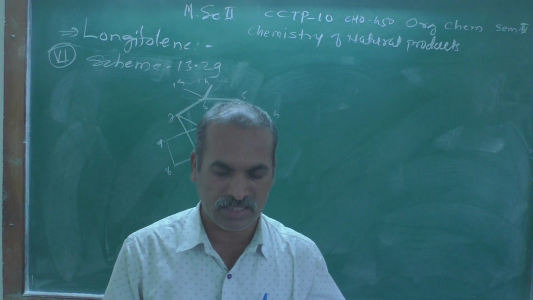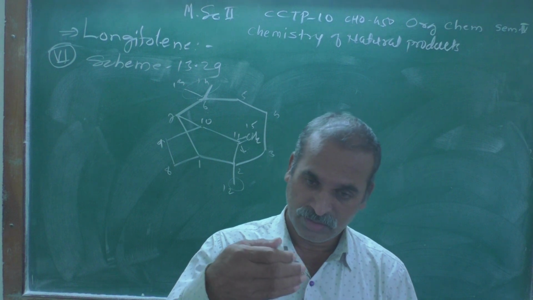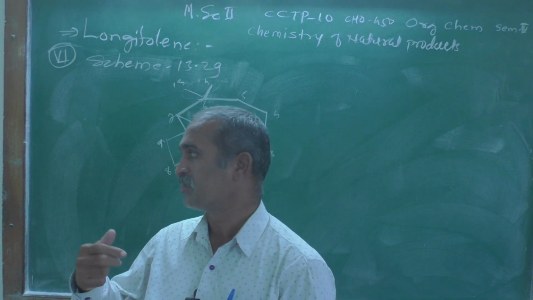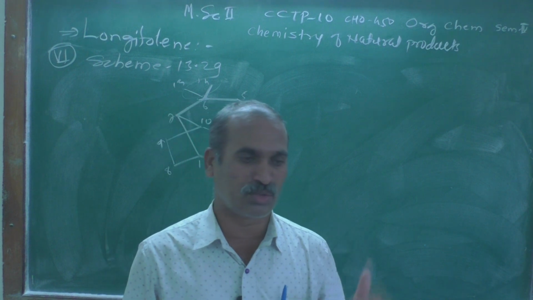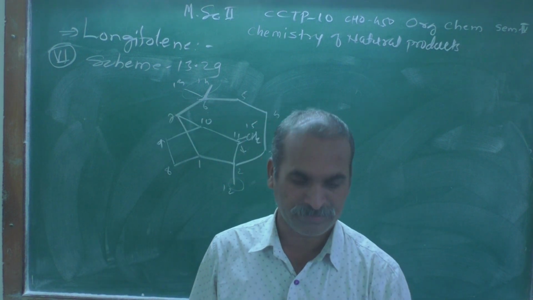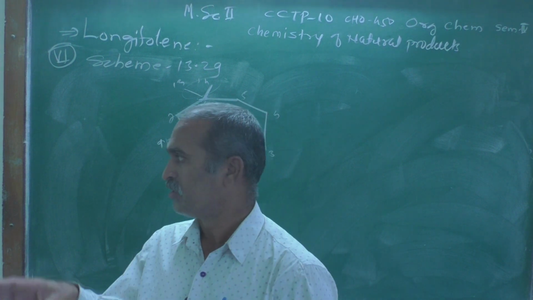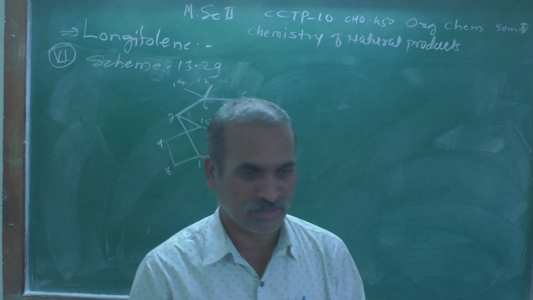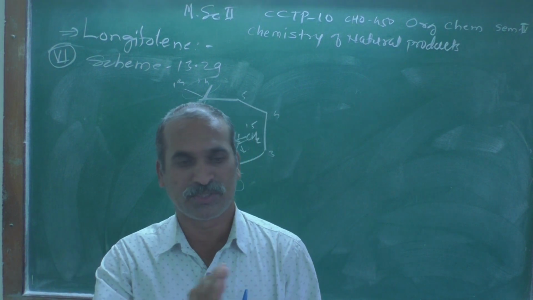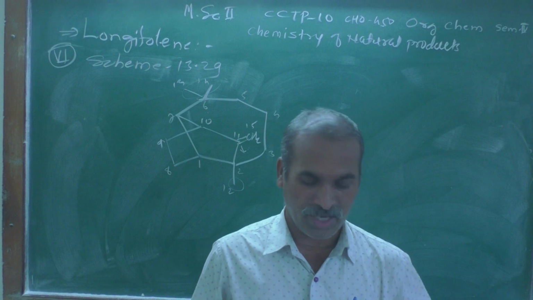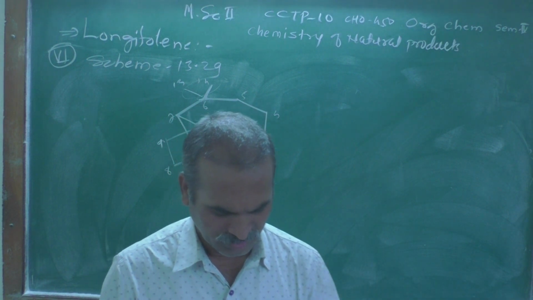So, these are the introductions of the 3 methyl groups at particular positions at C2, C6 and C11, how the methylene group and the methyl group are introduced by using suitable reagents that we have discussed here.